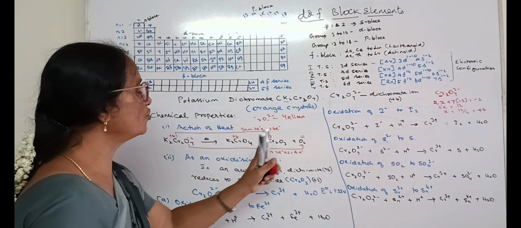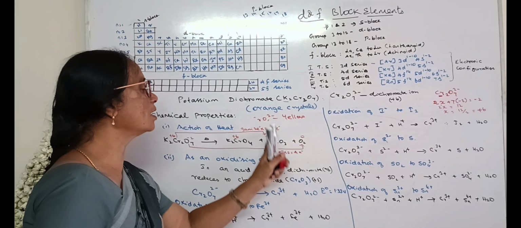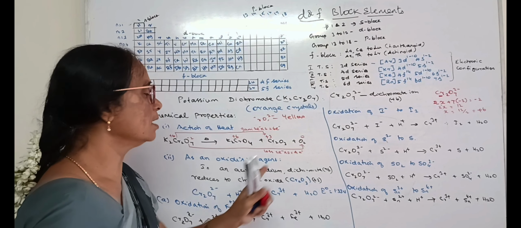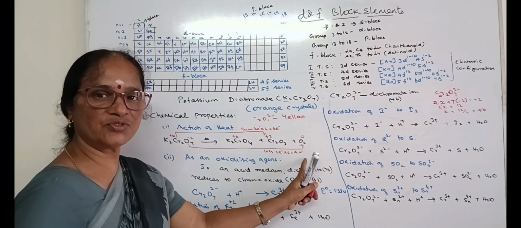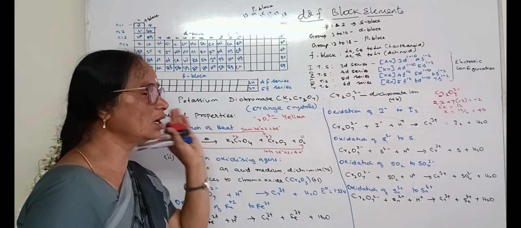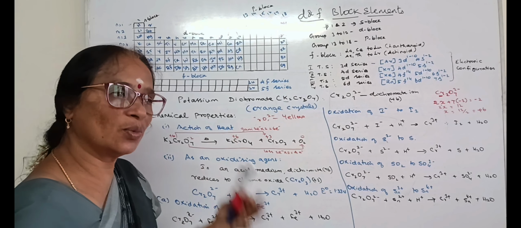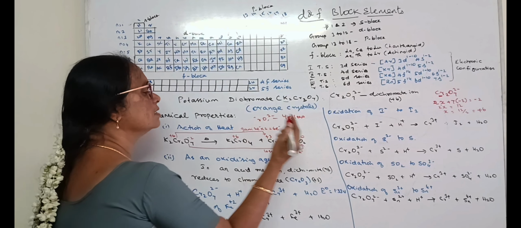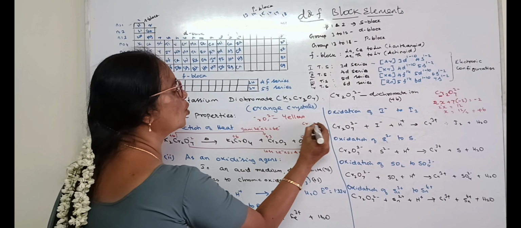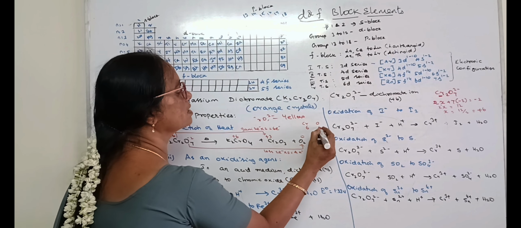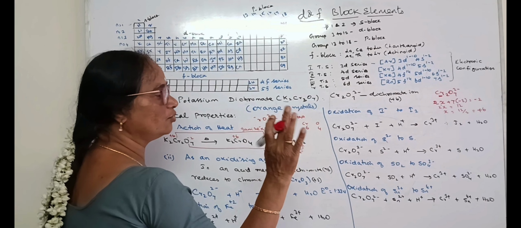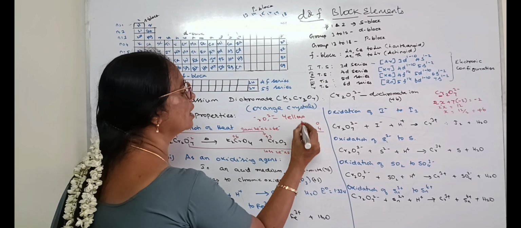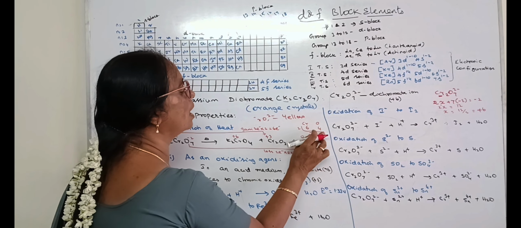So we have to find a common factor for the number of electrons. Why? These two numbers are totally different, but transfer of electrons should always be the same. So how can we find the common factor? This is chromium, this is oxygen, it requires 6, it can give only 4. So take the common factor, divide by 2, you will get 3 and 2.